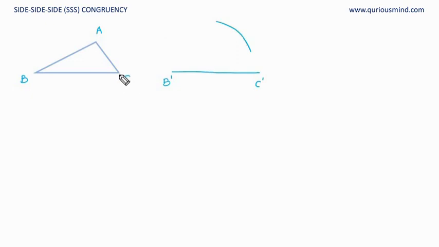And from C he will draw the second arc equal to length CA. And that way he gets point A. And if he joins these points, then what he gets is a congruent triangle A dash, B dash, C dash.